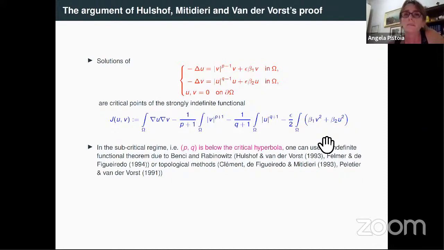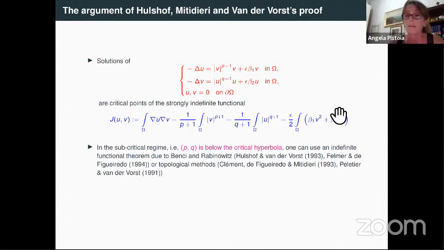Now in the subcritical regime, that is, the exponents p and q are below the critical hyperbola, one can use an indefinite functional theorem due to Benci-Rabinowitz, as used, for example, by Hulshof and van der Vorst and by de Figueiredo and Felmer, or topological methods, for example, used by Clément, de Figueiredo, Mitidieri, and Peletier, van der Vorst, to produce a solution, a critical point of this functional.